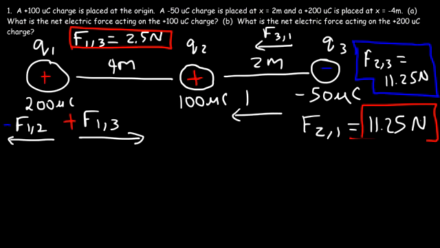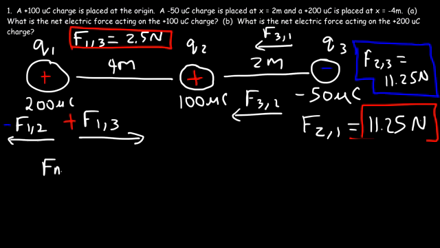And there's another force, which will be F3,2. That's the force exerted on charge 3 due to charge 2. And we already have the magnitudes of these forces. F3,1 and F1,3 have the same magnitude. And F3,2 and F2,3 also have the same magnitude.